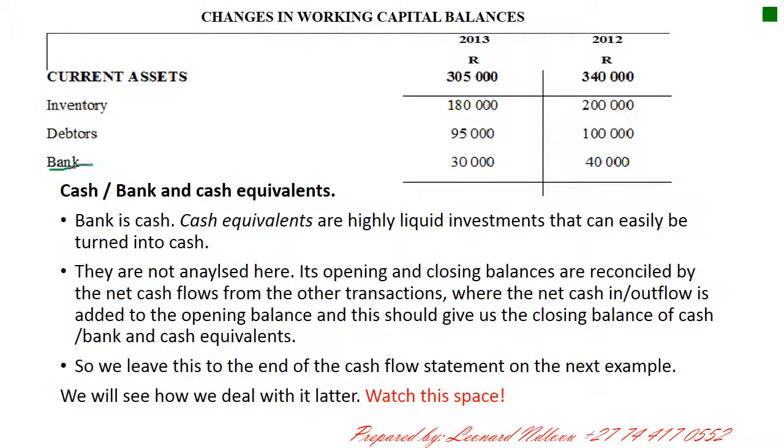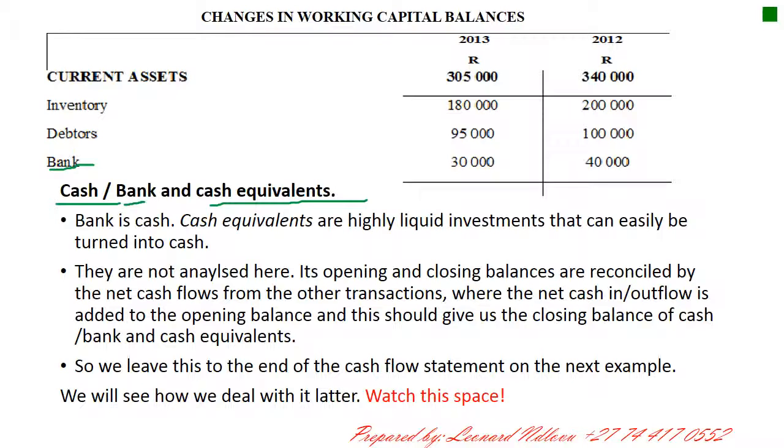Now we look at the last item in our current assets, which is cash or bank and cash equivalents. Bank is cash. Cash equivalents are highly liquid investments that can easily be turned into cash. They are not analyzed here.